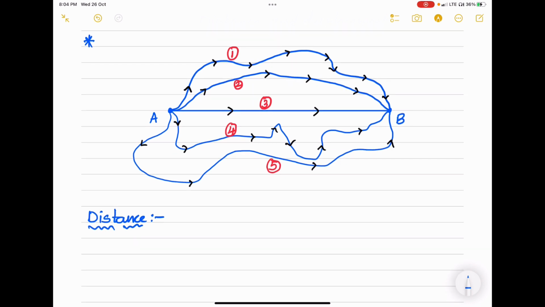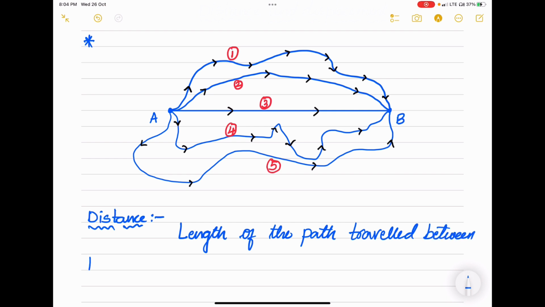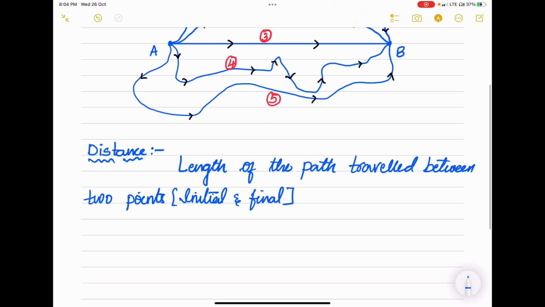So distance is simply length. Directly I would like to say, length of the path traveled between two points, the initial and final points, irrespective of direction.